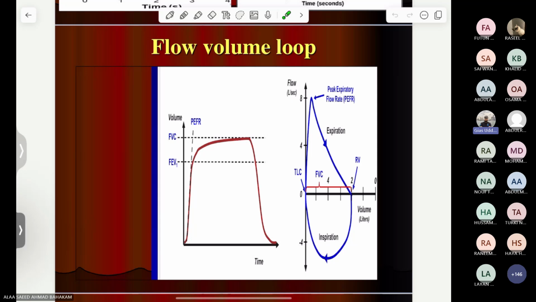So the lower portion is the inspiration and the top is the expiration. Here you can see the peak expiratory flow rate, PEFR, but for PEFR we have another machine, so we can do it both ways, in the spirometry and also with the PEF machine. Okay, next one.